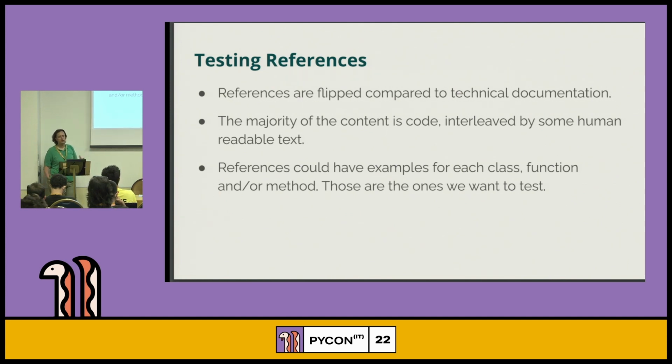If you remember the first definition of documentation that I explained, we have the other part, the documentation where the code is the majority and the human readable text is the minority. That's usually what you have in a reference, where you have code as the primary thing, and maybe a short explanation on every class, on every method, and things like that.